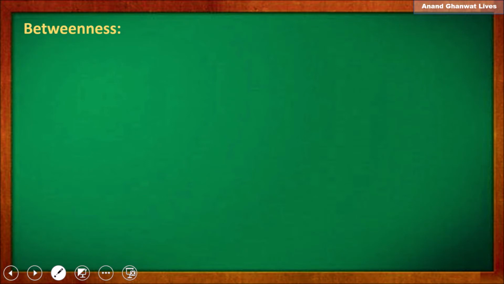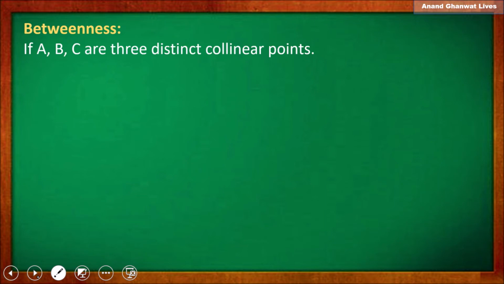Now next we will learn betweenness. For that, A, B, C are three distinct collinear points. Let us understand the meaning of collinear. If P, Q, R are 3 points which are on the same line, then we can say that points P, Q and R are collinear.